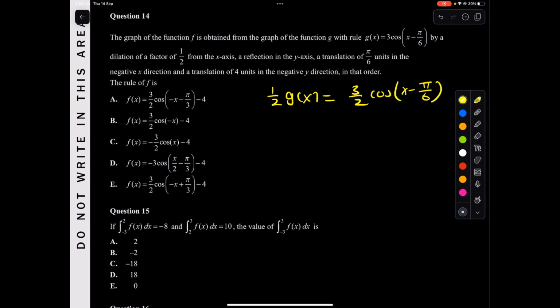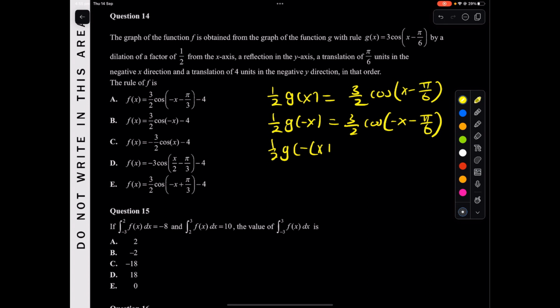If we're reflecting in the y-axis, a reflection in the y-axis will have g of negative x. So it'll be 3 over 2 cos(negative x minus pi on 6). Then a translation of pi over 6 units in the negative x direction.